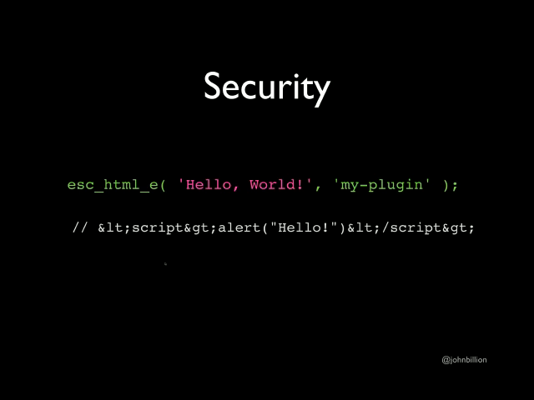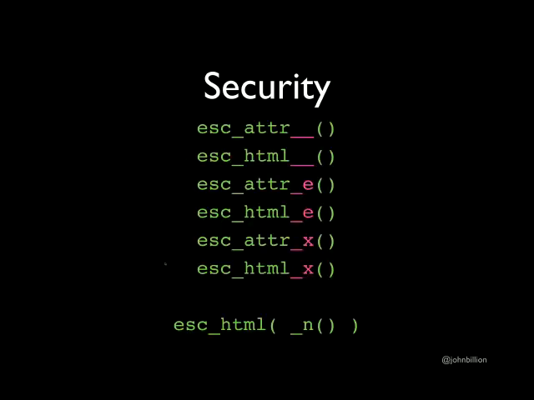However, if you're accepting translations for a plugin or a theme that is maybe a private one, it isn't on the WordPress.org directory, or the translations are coming from some third-party translation platform, you really need to consider whether you need to protect yourself from some malicious translations. There's a whole bunch of these escape functions in WordPress.